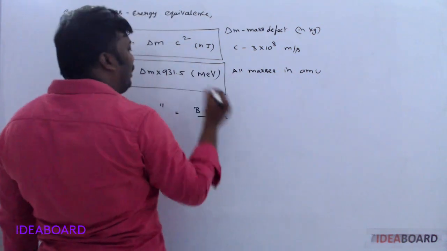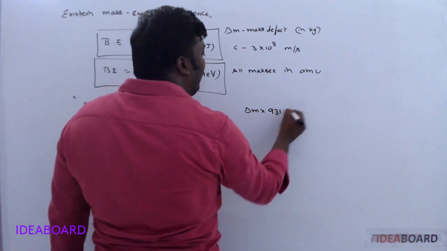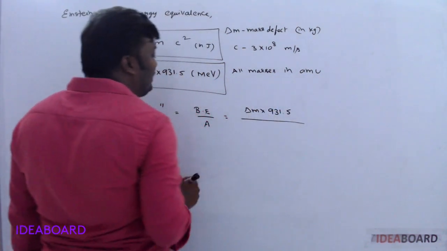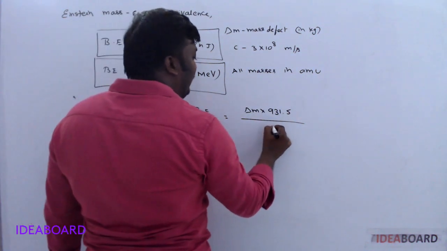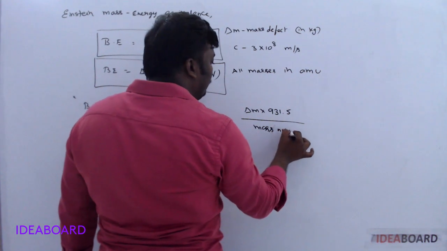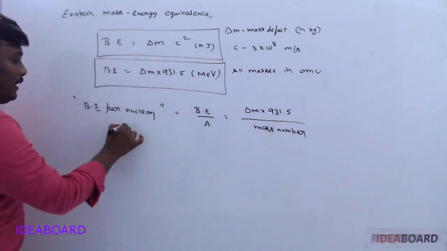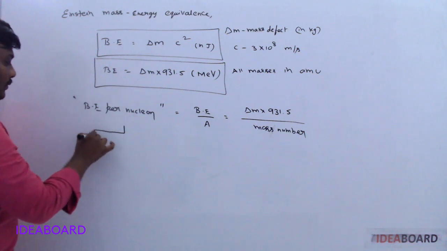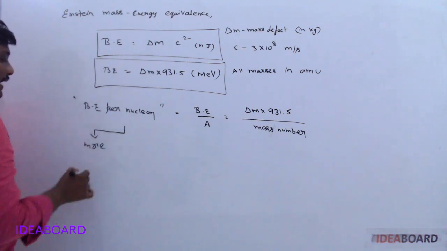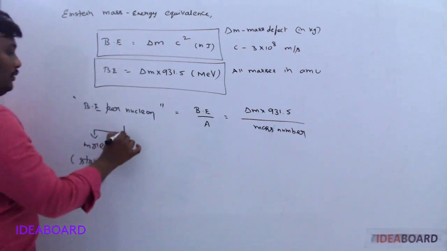So the formula is delta M into 931.5 in MeVs divided by A, where A is the mass number. If binding energy per nucleon is more, that indicates the nucleus is more stable.